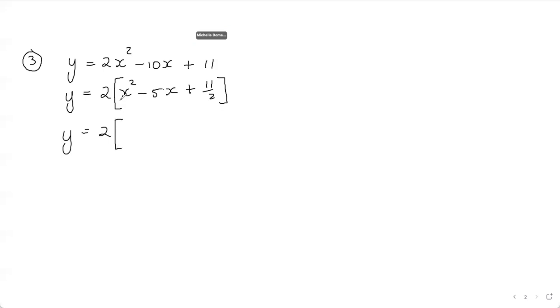Once again, you're looking at those first 2 terms. We notice it's a minus, but we'll get those there first, then halve this number. I'm going to add on (5 on 2) squared and counteract it by going minus (5 on 2) squared, and then put on my plus 11 on 2 at the end.